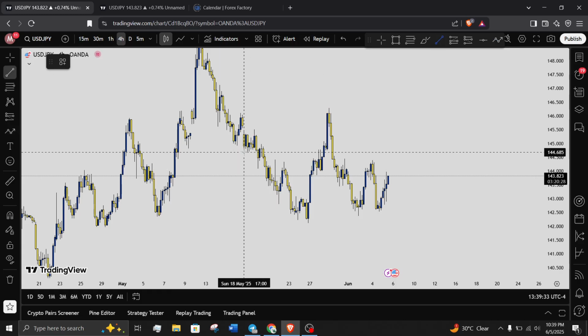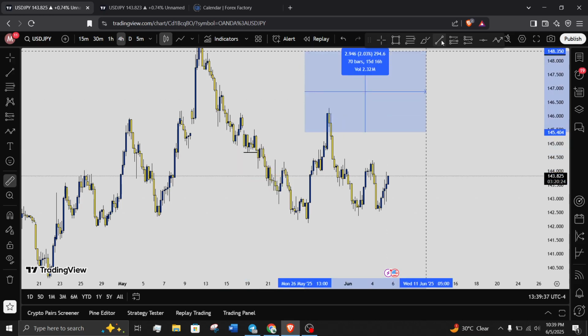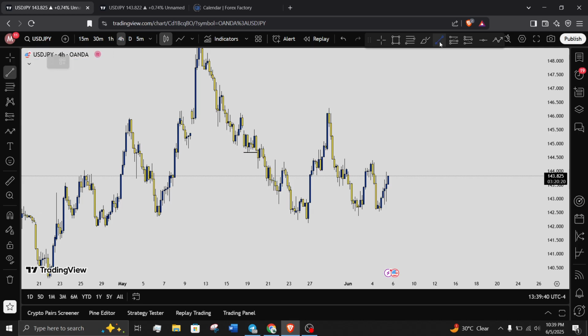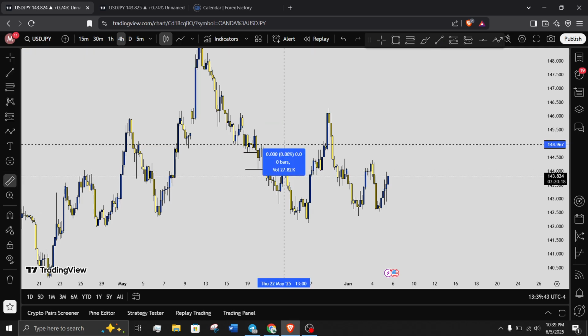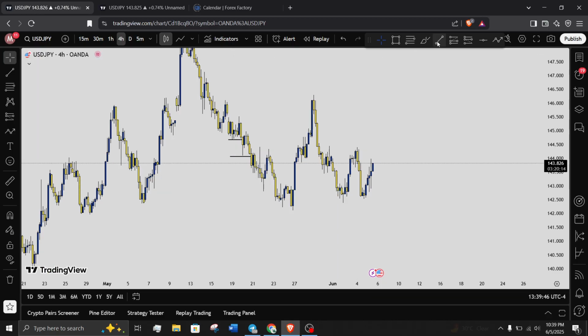We are moving in a downtrend. We break this low right here, then we break this low right here. So this is our break of structure in a downtrend. Then we are again coming down and we break this. We come down and make this low.